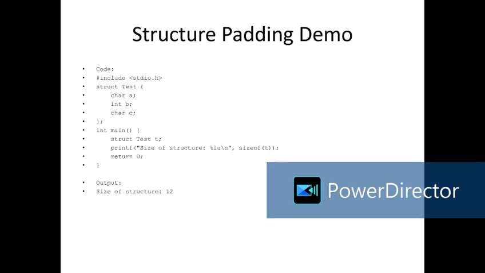If a char is followed by an int, the compiler may insert 3 bytes of padding to align it. Why it matters: it increases memory usage silently, affects performance in large datasets or arrays, and can lead to surprises when using sizeof. One tip: order members from largest to smallest to minimize the padding.